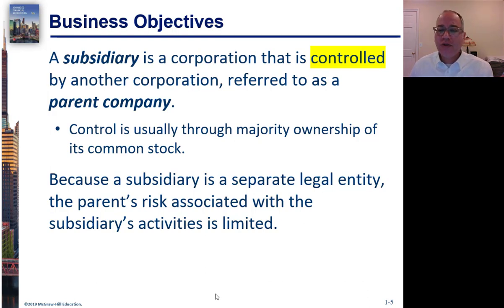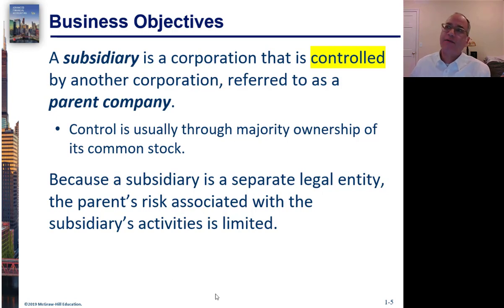Anyway, control usually is achieved through majority ownership. There's a lot of controversy over this, and the FASB has never been quite clear. What's generally accepted is not only majority ownership, but some kind of governance control. Or, looked at a different way, it's risk. If you have the majority of risk that comes with an investment, meaning that you would get most of the profits from this company, then you probably have control.